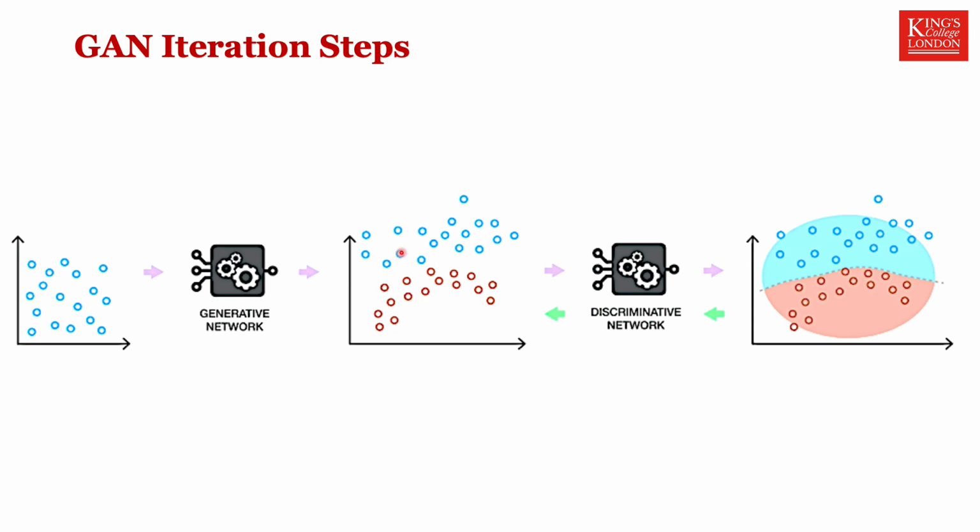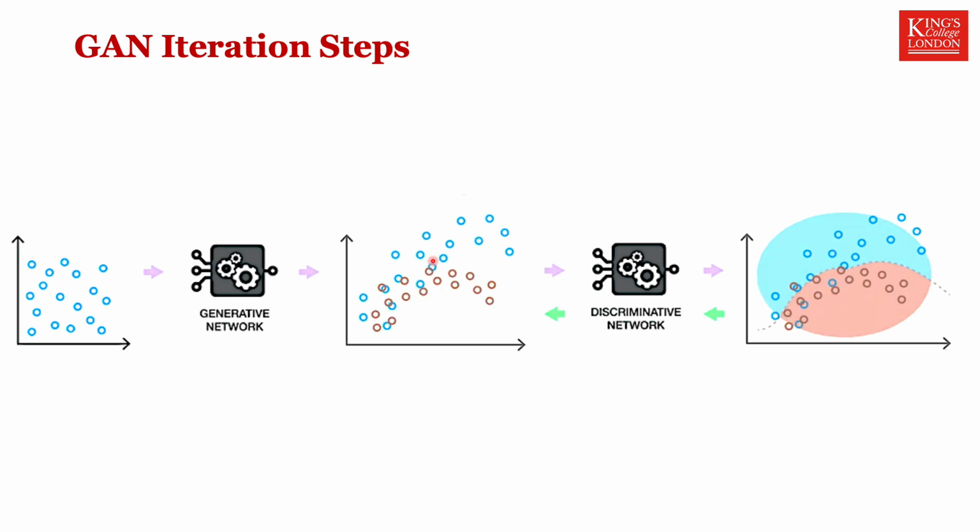That will move the blue samples closer and closer to the orange samples here. At each one of the steps, every time a gradient flows back, the points are going to move slightly closer to each other.